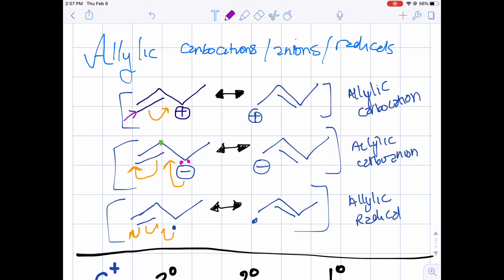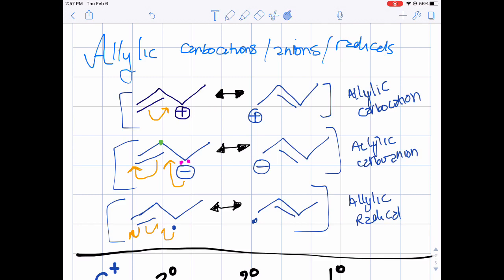The arrow is going to be moving from there towards the carbon where there's a positive charge. And basically what happens is that the positive charge will switch places with the pi bond, right?